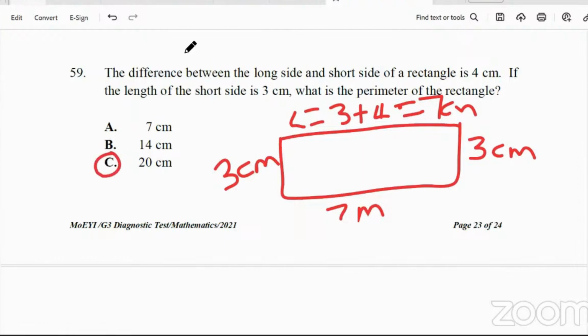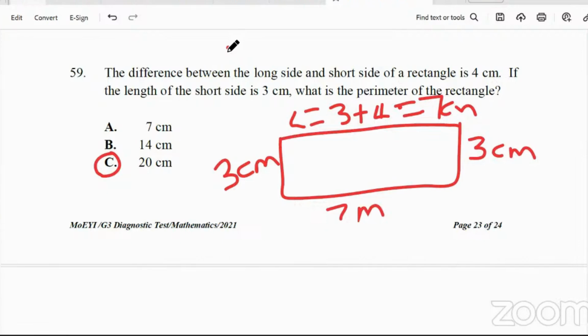Okay? Once again, let's just go over it quickly. The difference between the long side and short side of a rectangle is 4 centimeters. We don't know what the long side is, but when we subtract the 3 centimeters from the length, we end up with 4, okay?